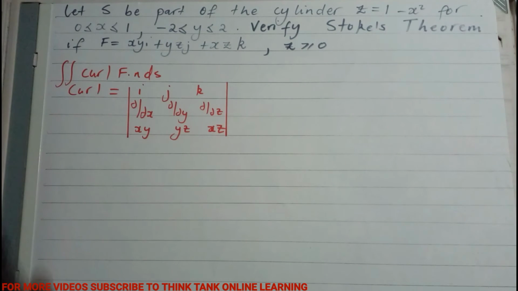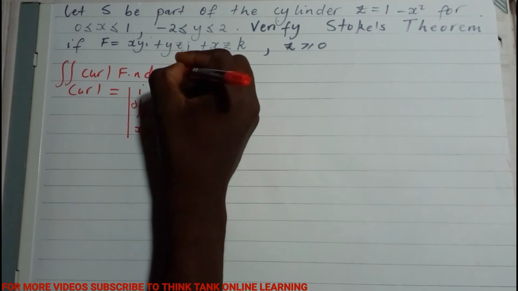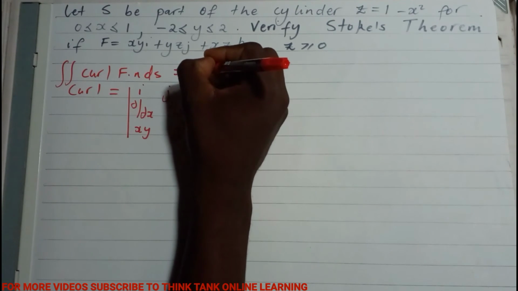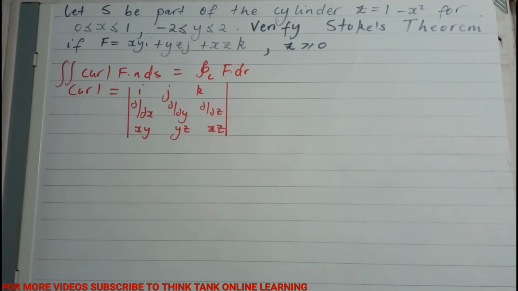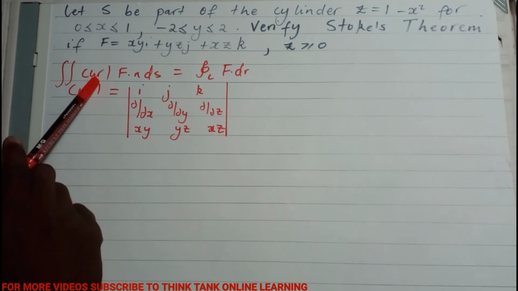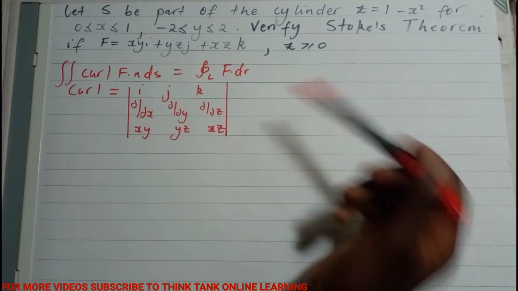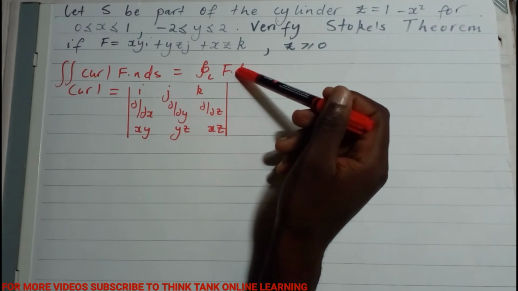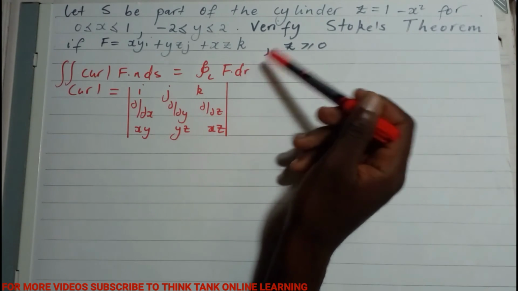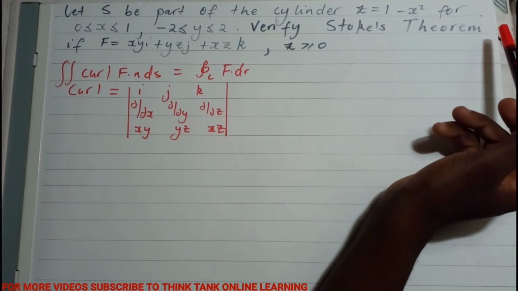So this is Stokes' Theorem: the surface integral is equal to the line integral for a closed curve of F dot dr. What I'm going to do is perform the line integral using Stokes' Theorem, and perform the line integral without using Stokes' Theorem. This is going to be a long way, but we have to do that since we want to verify Stokes' Theorem.